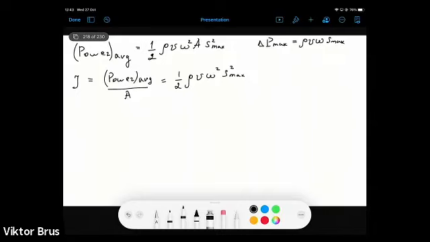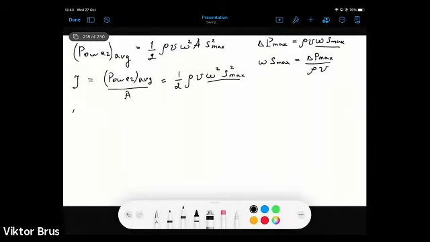Then we can express this product omega times S maximum. That will be equal to delta P maximum divided by rho times V.